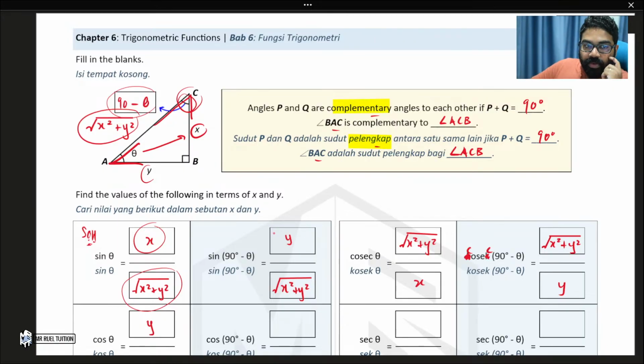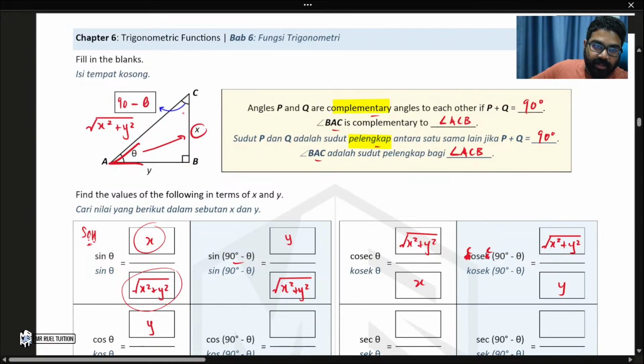Okay. So kalau sin 90 tolak theta, mana sudut ini? Where is this angle? Where is this 90 minus theta? Here, up here. Sini. Ini 90 tolak theta. So kalau sin untuk sudut ini pula, for this angle, what is the opposite side? Apa sisi bertentangan dengan dia? Y. Y is opposite.